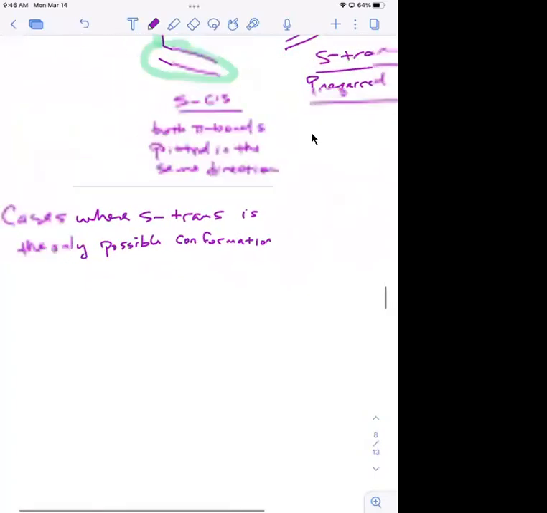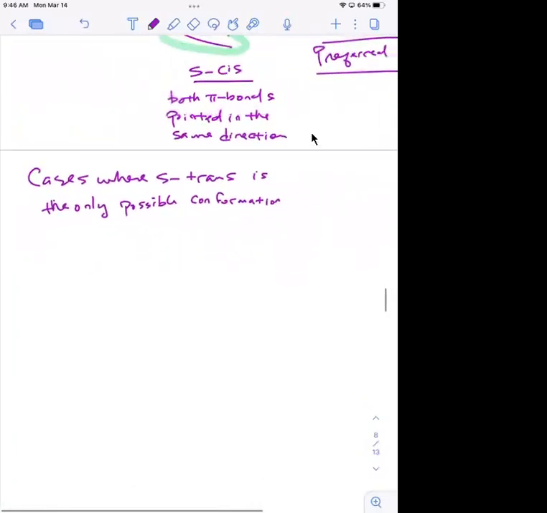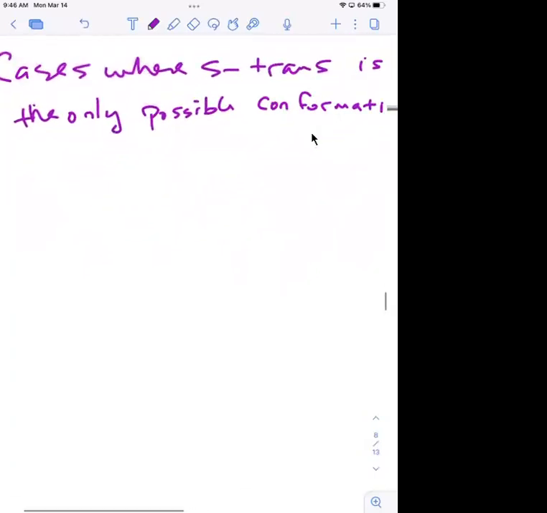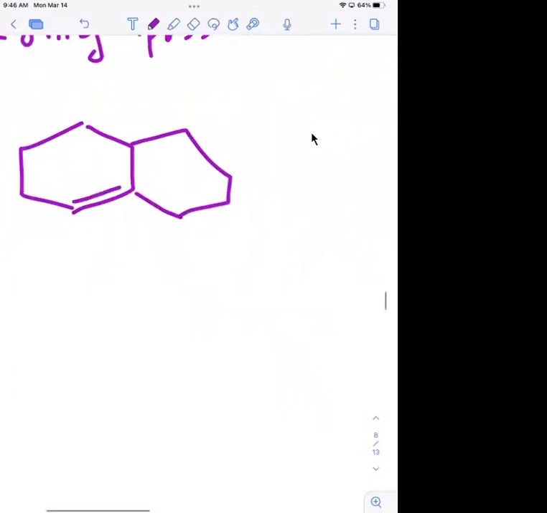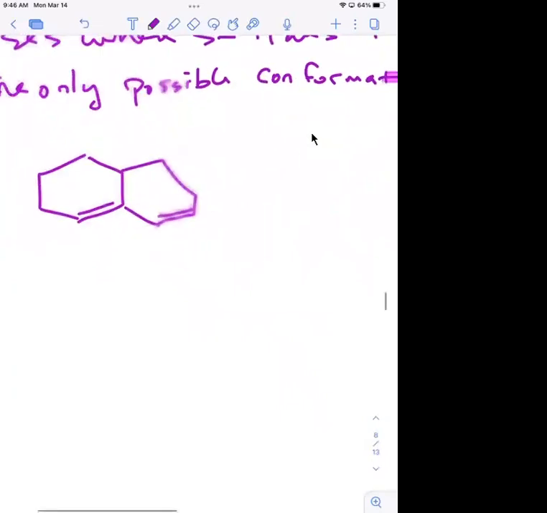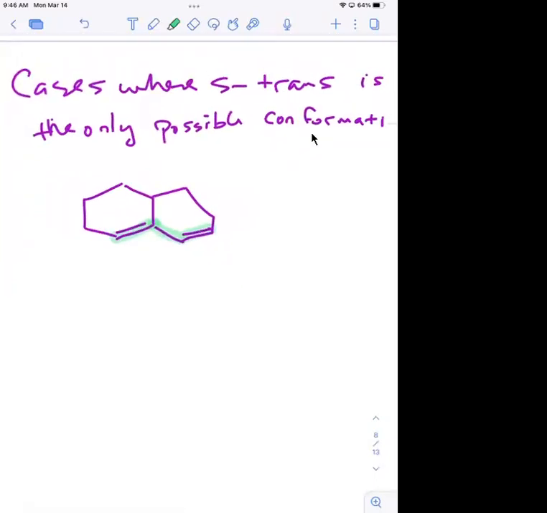So there are some cases where the S-trans is the only possible conformation. If we have a molecule like this, where my diene is here, you can see right away this is not going to be able to adopt S-cis, because the pi bonds are in the ring.